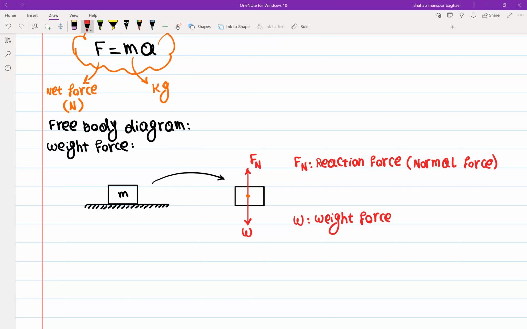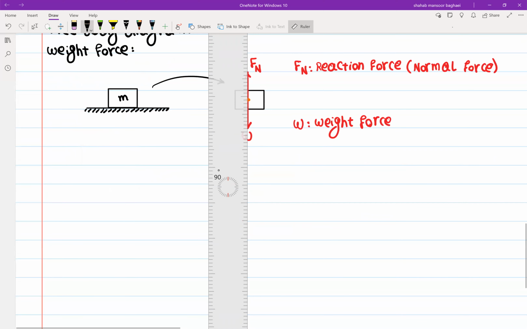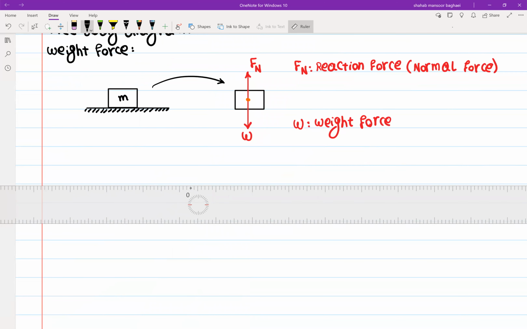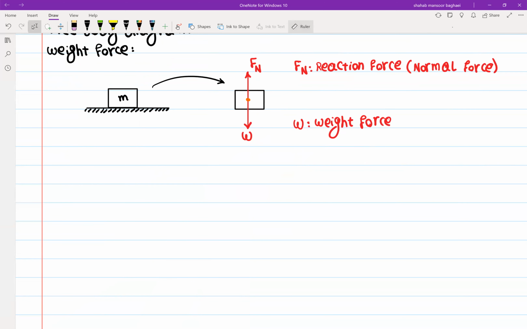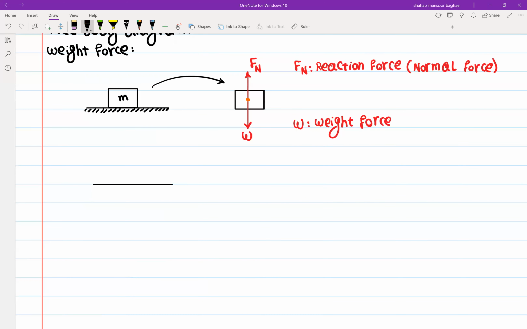Okay, next case. Look at this figure. Imagine there is a block here on the flat surface.